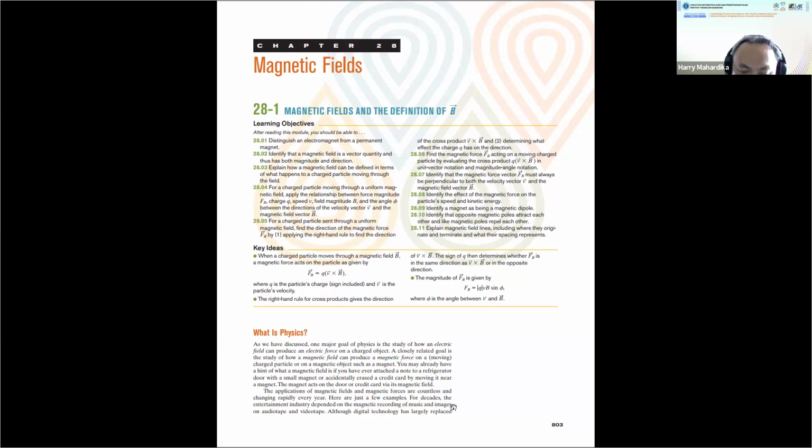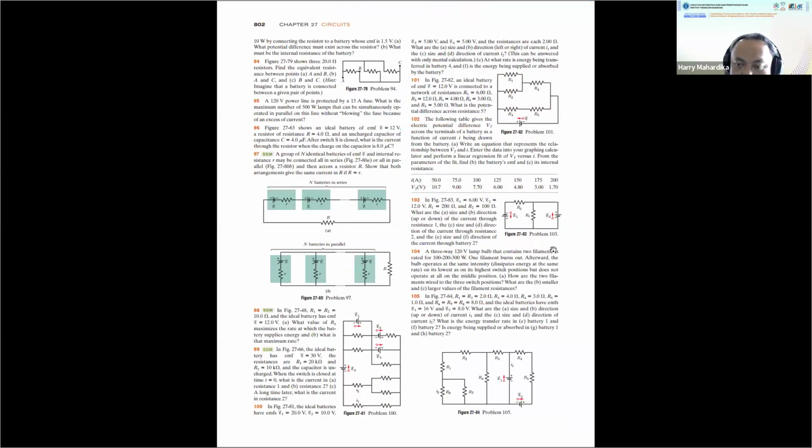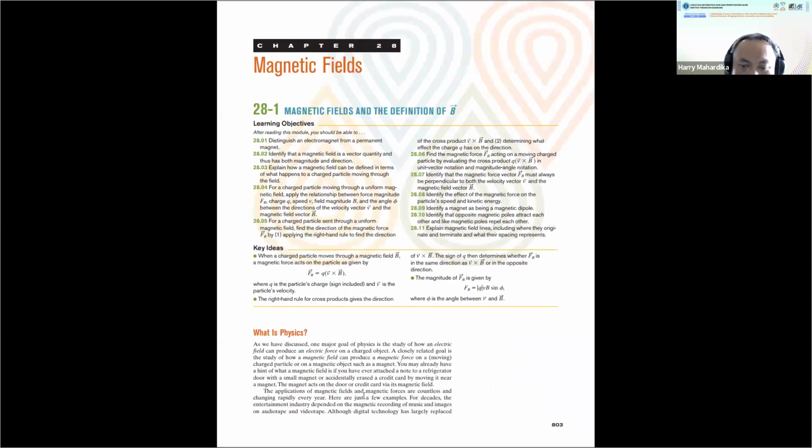For decades, the entertainment industry depended on the magnetic recording of music and images.